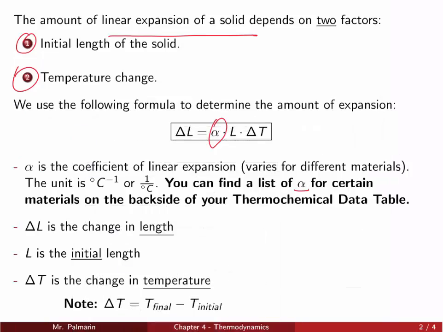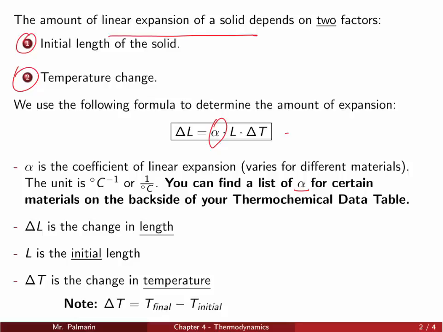This constant arises, and certainly you can read about it. You can go on Wikipedia and type in coefficient of linear expansion, and it will explain how it's derived. But basically, different materials will expand at a different rate depending on the material, and of course the temperature change. But let's suppose you have the same temperature change.